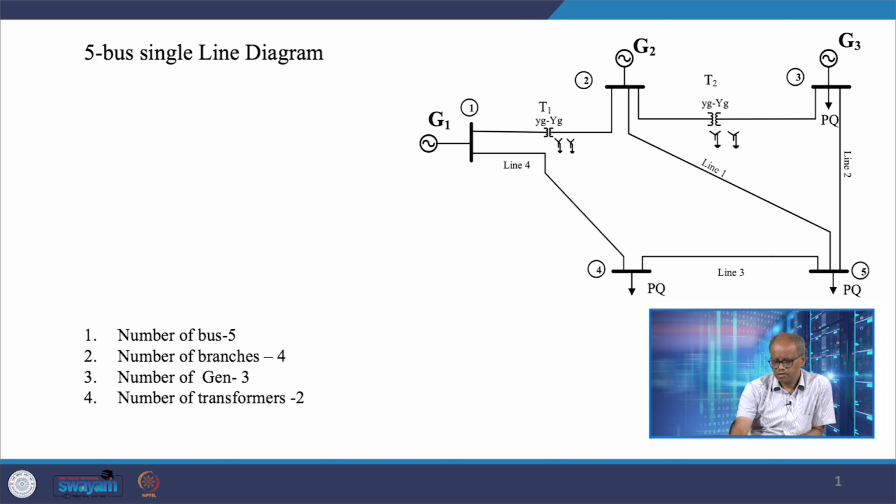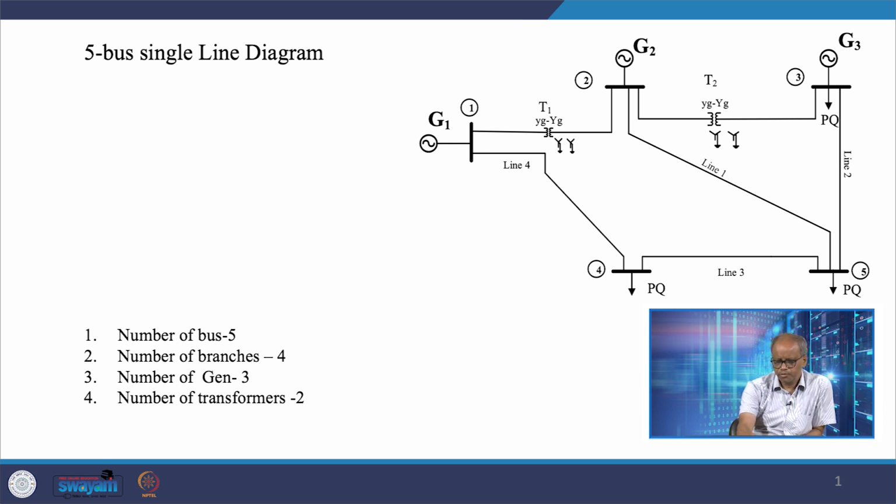And I have essentially 4 lines. Line 1 is between bus 2 and bus 5. Line 2 is between bus 3 and bus 5. Line 3 is between bus 4 and bus 5. And line 4 is between bus 1 and bus 4. So these are the 4 lines. And I've also got 2 transformers.